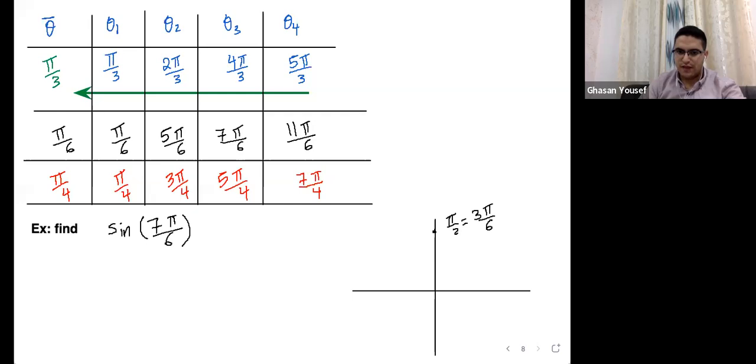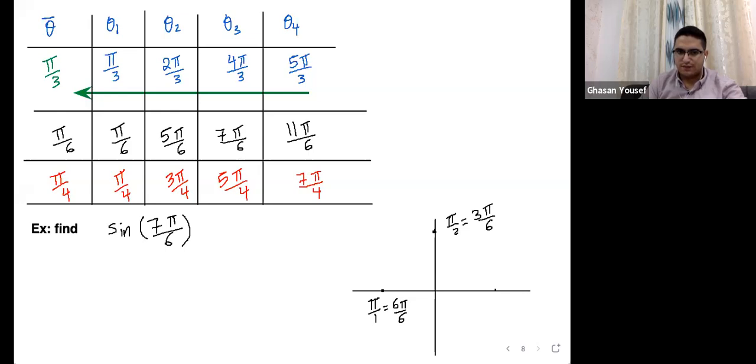The angle is not between 0 and 3 pi over 6, so it's not in the first quadrant. It's also not in the second quadrant, because there the angle is pi, which is pi over 1, equal to 6 pi over 6. So 7 pi over 6 is not in the second quadrant.